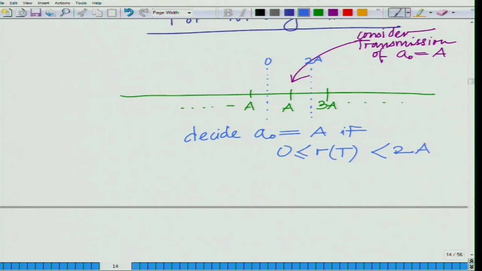So, if R_t lies in this interval 0 to 2a, we are deciding that a_0 is equal to a. Therefore, observe that if R_t lies in this interval, considering the transmission of a_0 equal to a, that is, the statistic R_t after matched filtering and sampling, then there is no problem because we are deciding a_0 equal to a. However, if R_t is either greater than 2a or less than 0, then it will be mapped to some other point, in which case we will have a symbol error. Okay. So, error occurs if R_t is either greater than 2a or less than 0.